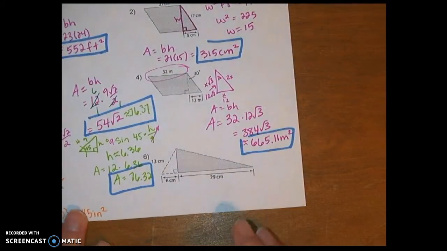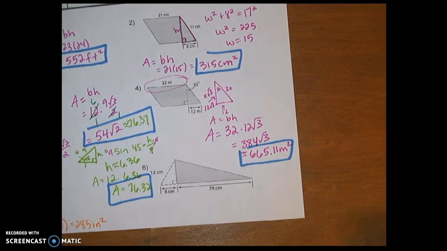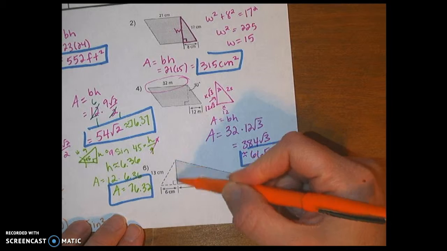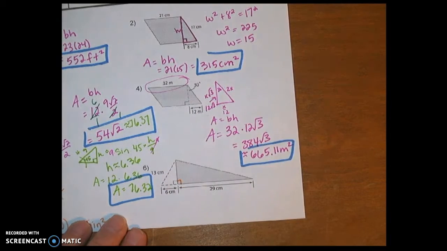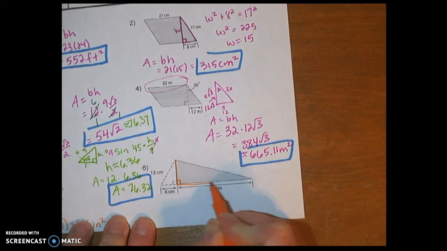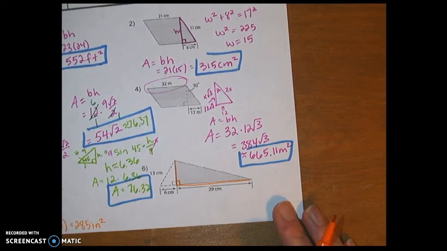In number 6, I need, again, the base and the height. I know that this is a right triangle. I know that that's a right angle, but that means I need this side and this side. So if you want to call that the base, you want to call it the height, it doesn't matter.